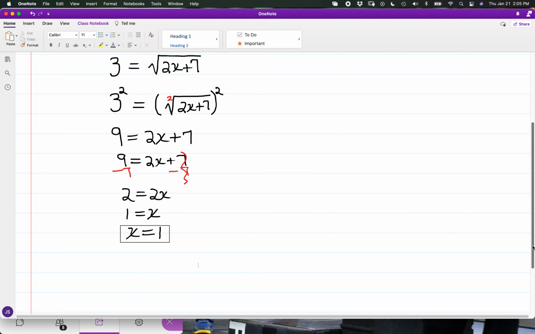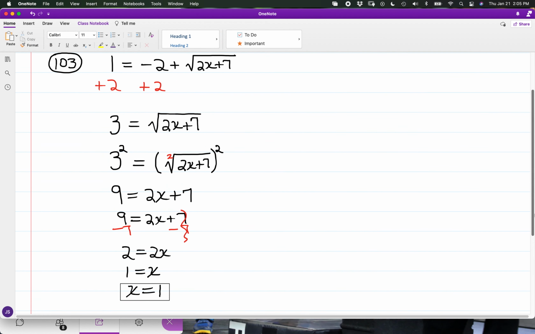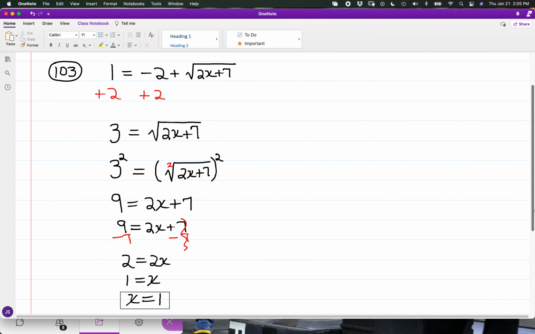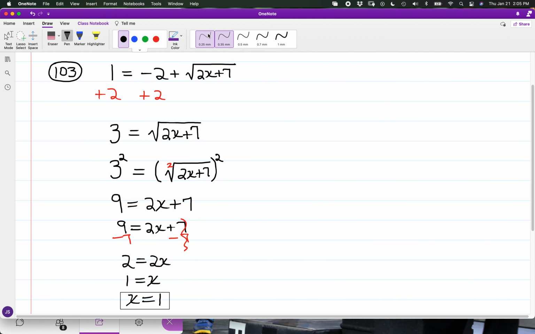Now, in the case of number 104, we're again solving for x. Here we have 6 is equal to 9 plus the square root of 5 minus 3x.